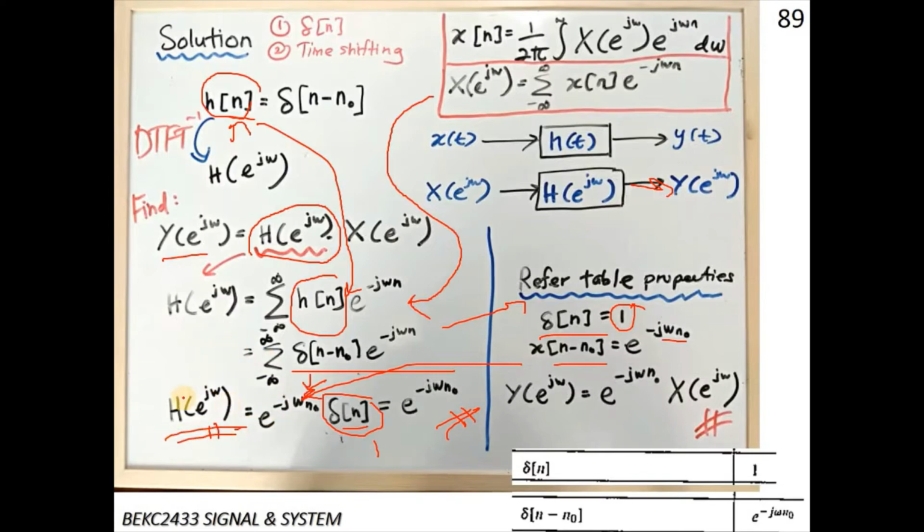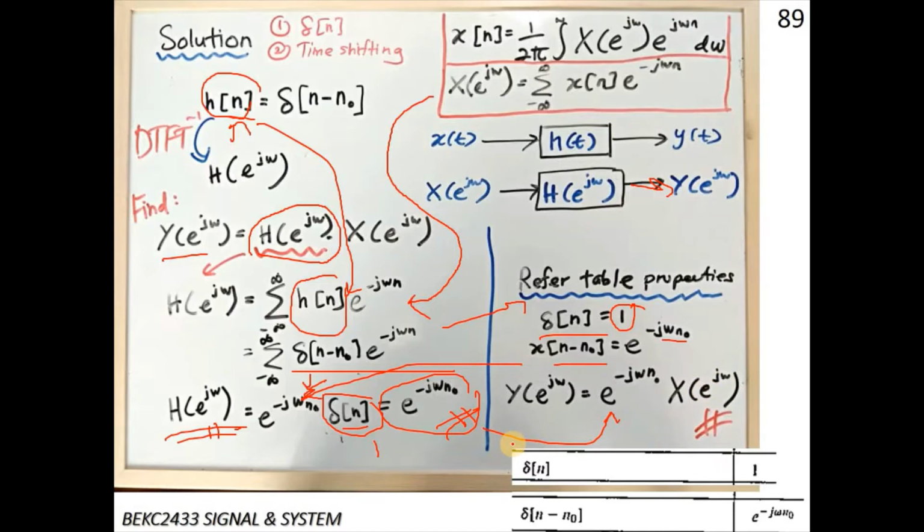Next is to solve for the output Y(e^jω). Y(e^jω) is equivalent to H(e^jω) times X(e^jω). You just take this value and substitute it here, times X(e^jω).